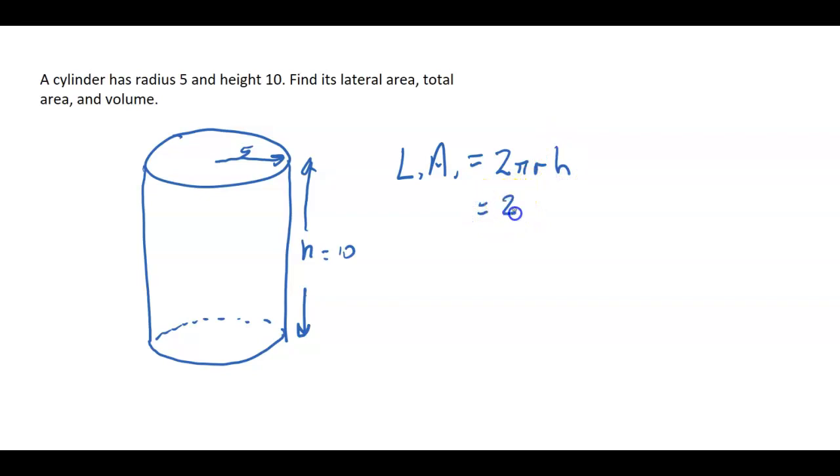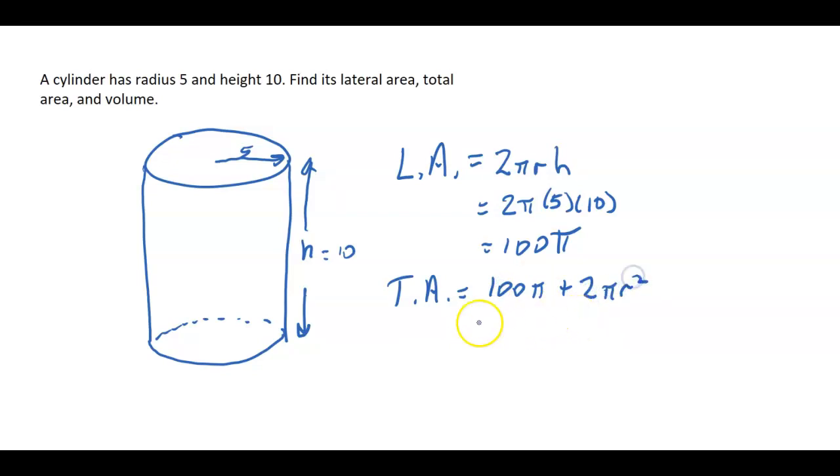Okay, so the lateral area is the circumference, 2 pi r, times the height, h. That's going to be 2 pi times 5 times 10, which is 100 pi. Okay, total area. Well, the total area is going to be the lateral area plus the area of the two bases. So it's going to be 100 pi plus 2 pi times 25, because the radius is 5.